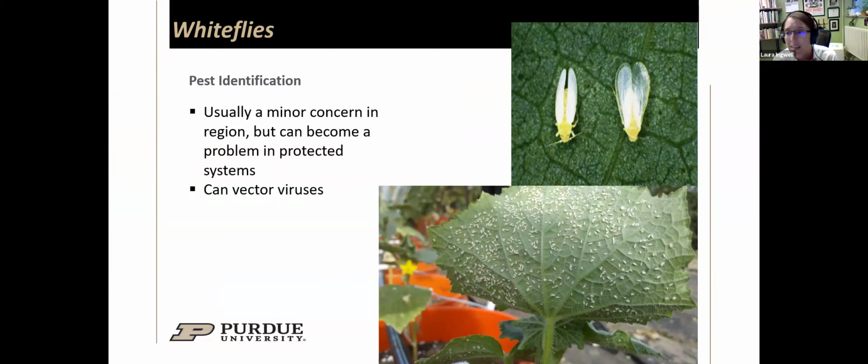Whiteflies is the last pest that I want to mention. It's one that I think, as winters get warmer, has the potential to migrate further and further north. But typically, whiteflies are not a huge problem in our area because they do not overwinter outside.